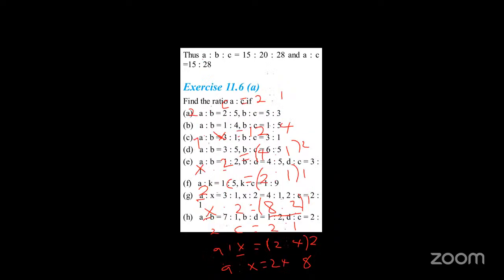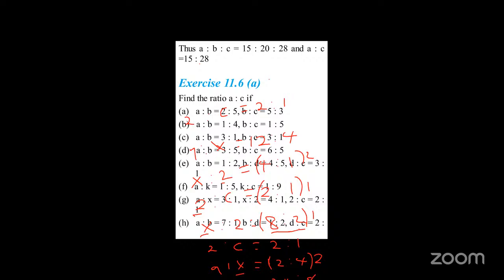So when we rearrange it, we start with A, then ratio X to ratio 2 to ratio C. The value of A is how much?